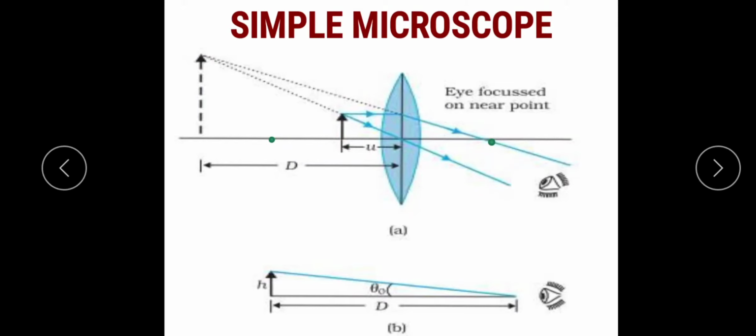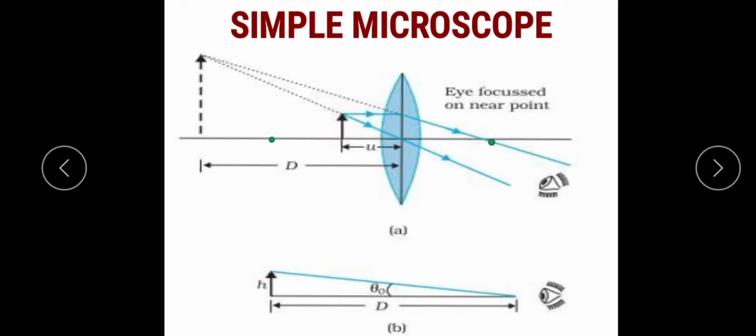That is why a simple microscope is also called a magnifying lens, which is used to see the magnified image of small objects. That is the simple microscope.